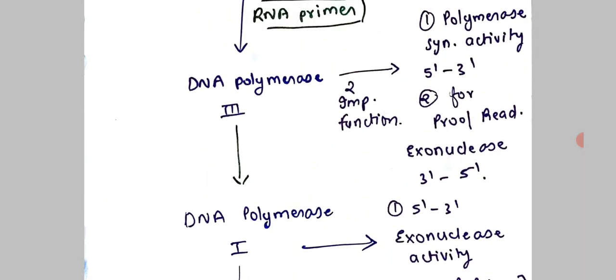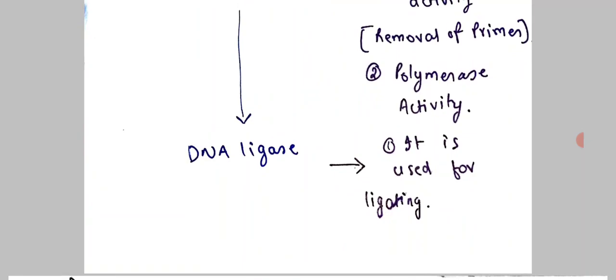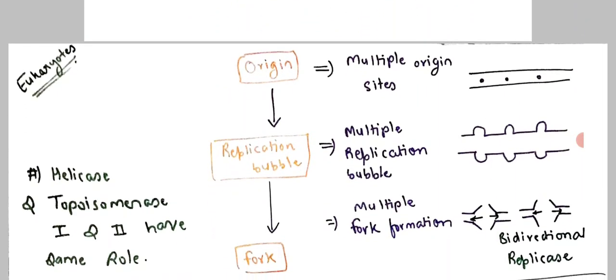But the main role is played by DNA polymerase 3, which plays a very important role in the polymerase synthesizing activity, that is from 5' to 3', and it is also required for proofreading, that is it can remove any nucleotide in the order of 3' to 5'. Then DNA ligase is used for ligating. That's it for the prokaryotes.